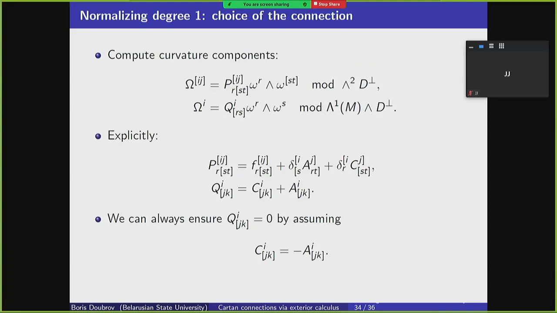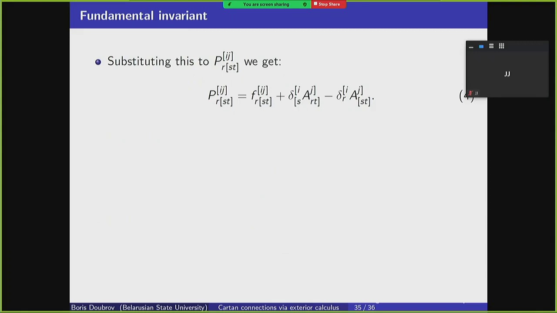First of all, we can annihilate this thing. You see that we have a lot of freedom in A and C to make sure that this is 0. Then A and C coefficients become linked to each other. Finally, the other piece of our curvature is transformed now in this way.